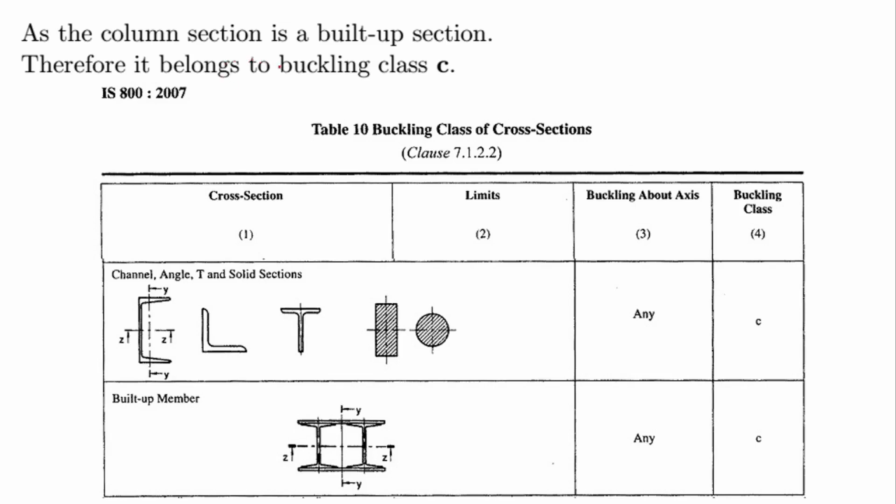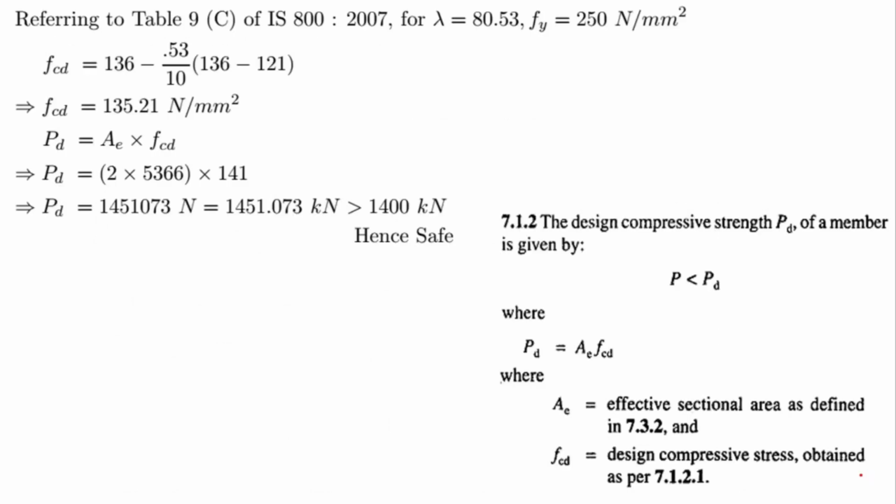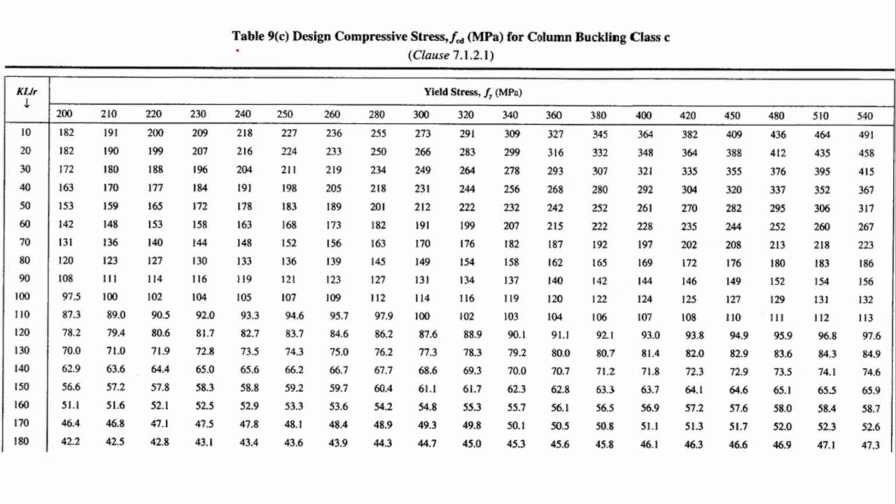As the column section is a built up section, therefore it belongs to buckling class C. If we follow table number 10 of IS 800/2007, for built up members, buckling class is always C. Now, referring to table 9C of IS 800/2007 for slenderness ratio 80.53 and yield stress 250 Newton per mm square, table 9C gives the design compressive stress fcd for column buckling class C, so it will be in between 80 and 90.